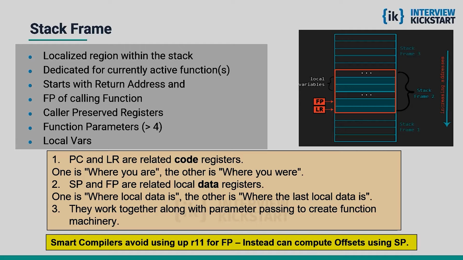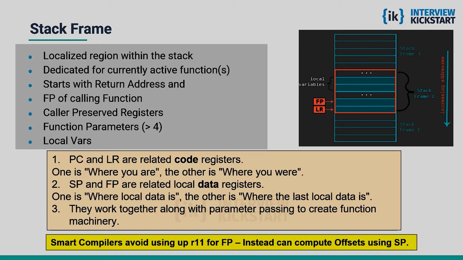In ARM Cortex, normally up to four word parameters can be passed via registers. But if there are more parameters for a function, then it can pass the remaining arguments via the stack. Finally, local variables, which again cannot be stored in registers, can be stored on the stack.